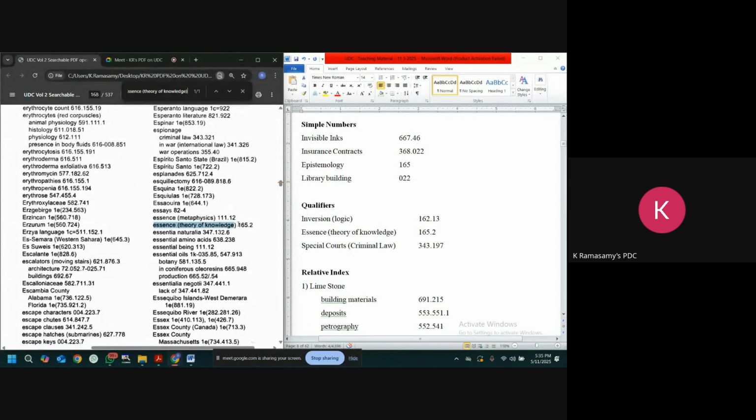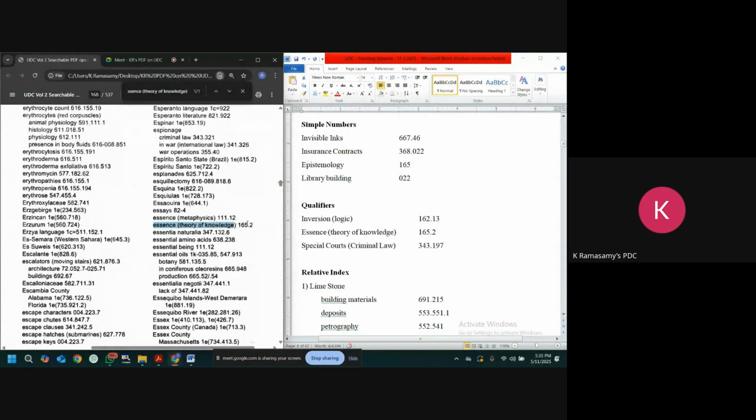Essence, within bracket, theory of knowledge, another number is given. So the terms metaphysics and theory of knowledge work as qualifiers. That helps us qualify whether this particular subject belongs to metaphysics or to theory of knowledge. What I want is theory of knowledge.